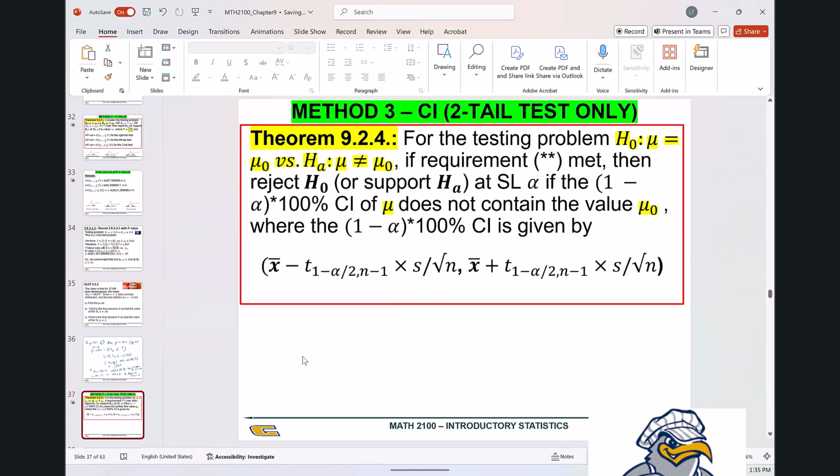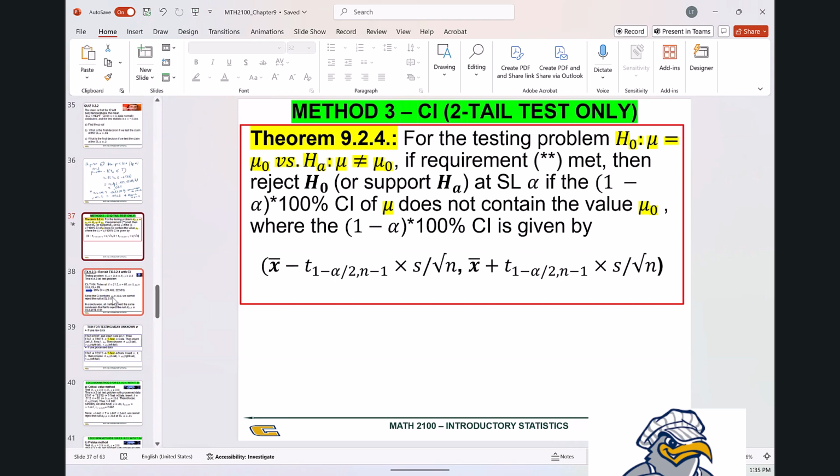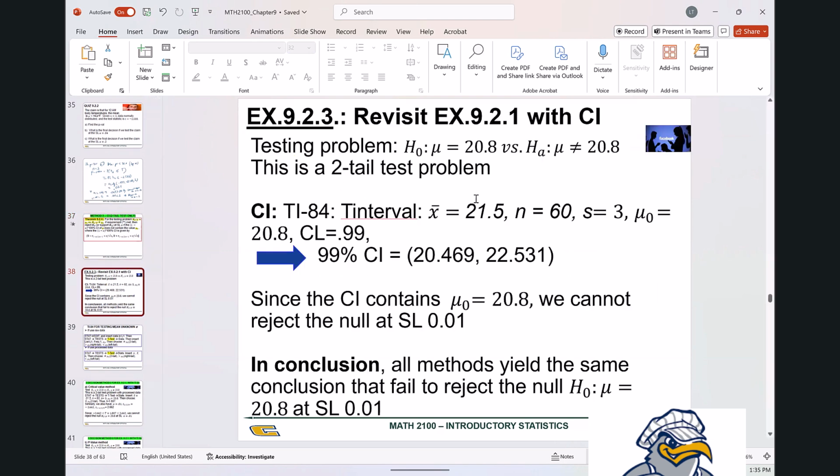The last method we learned uses the confidence interval, but it only applies to 2-tailed tests. Here you construct the confidence interval like we did in chapter 8, and then check whether it includes the value under H naught.